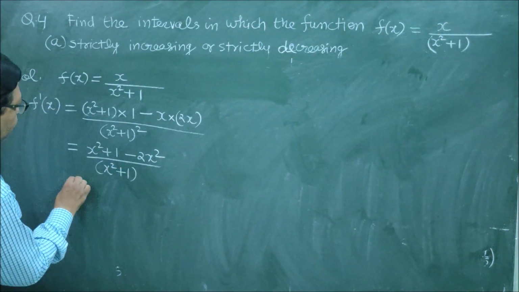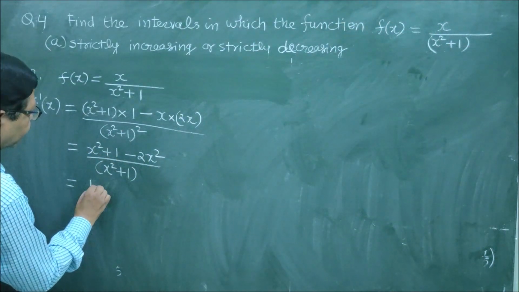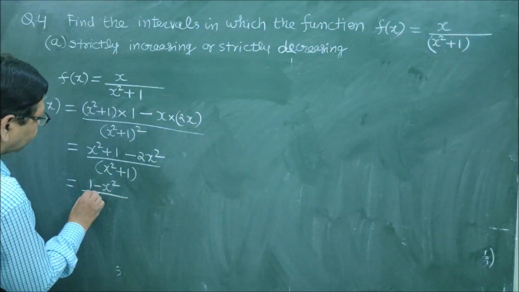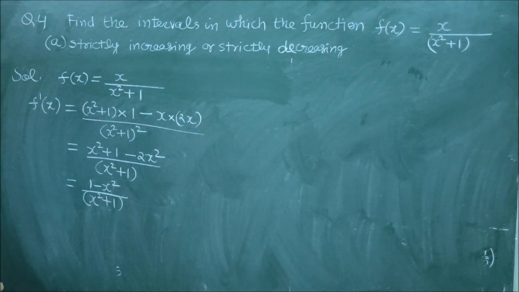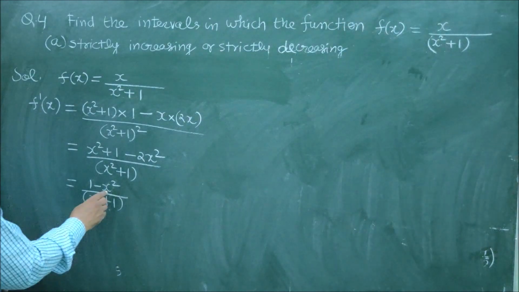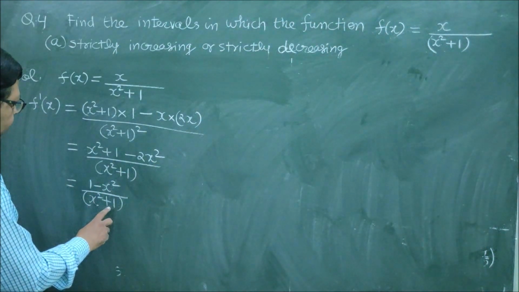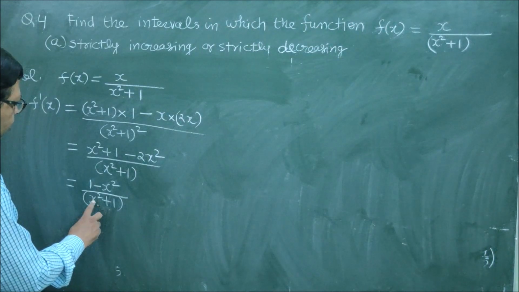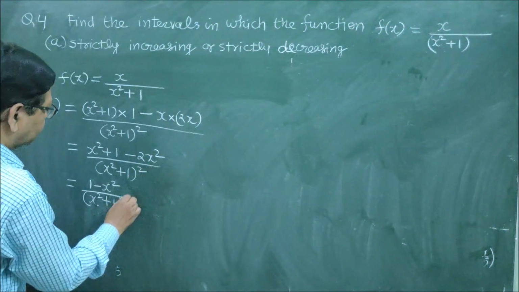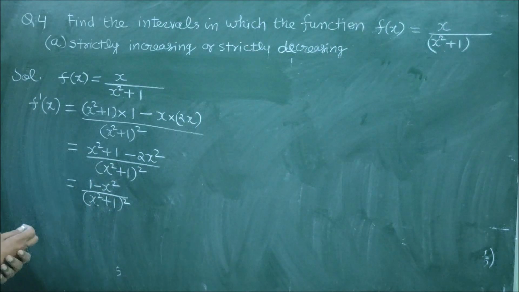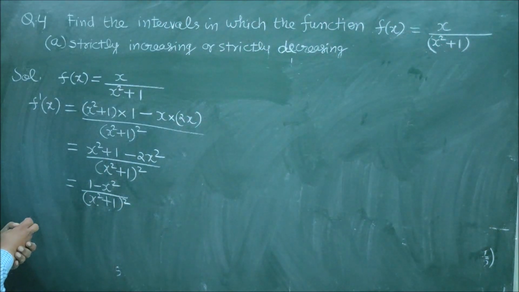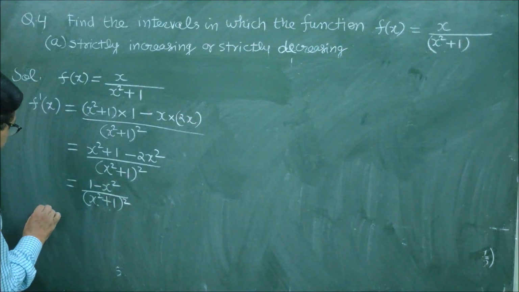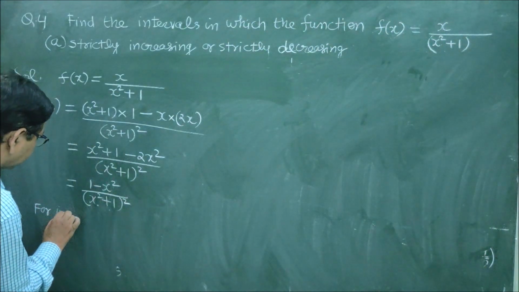So this is equal to 1 minus x square upon x square plus 1 whole square. Now x square plus 1 whole square is always positive, whatever be the value of x.